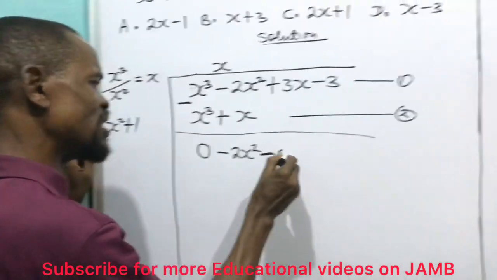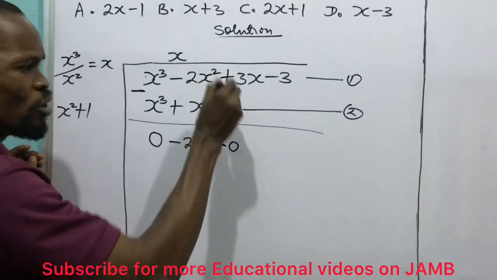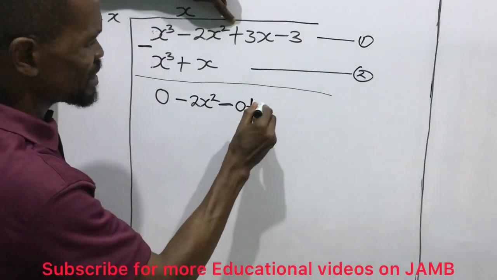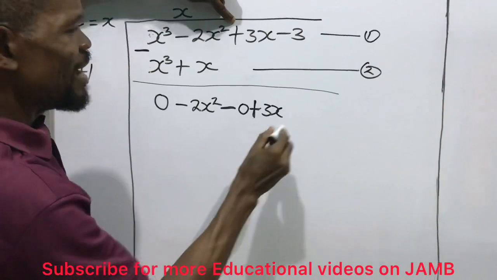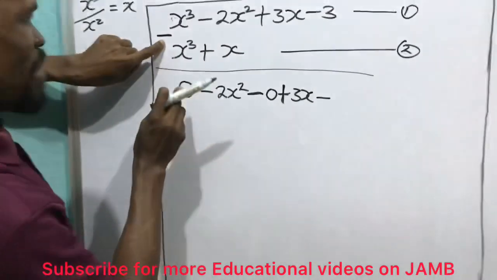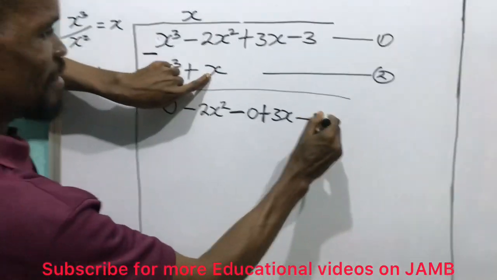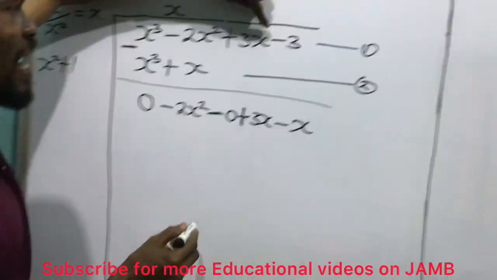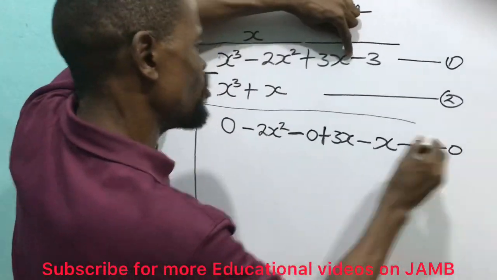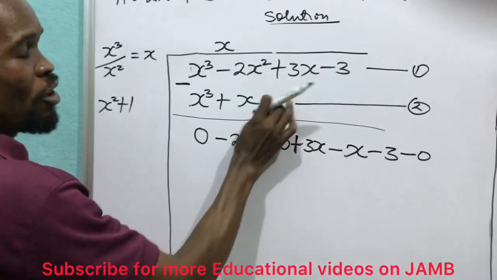No, that means 0. Then plus 3x, then minus x. Are you getting what I'm saying now? Then I have minus 3 in equation 1, minus 0, because there's no ordinary number here.